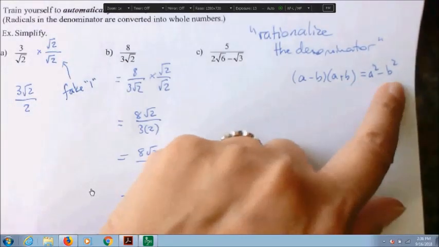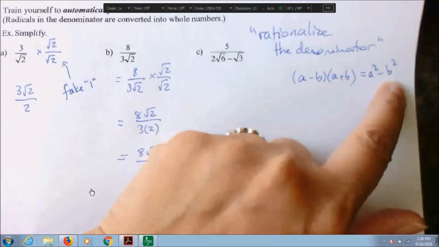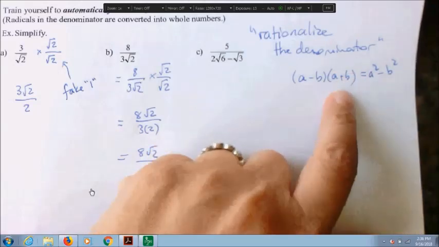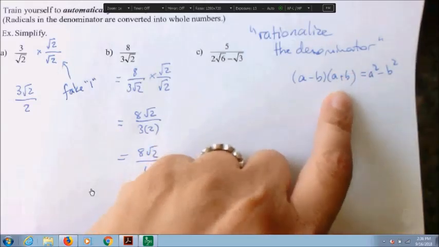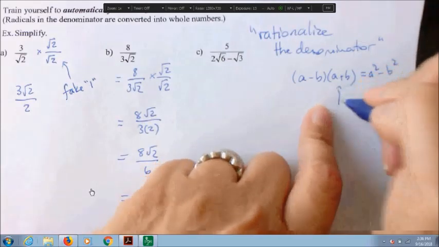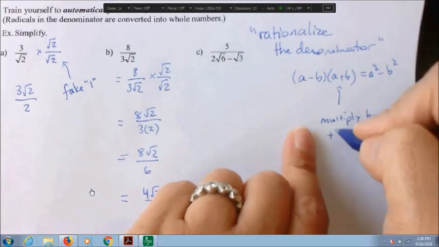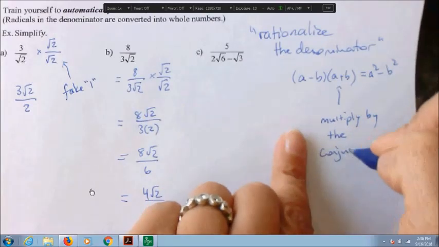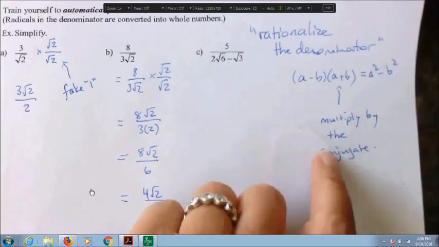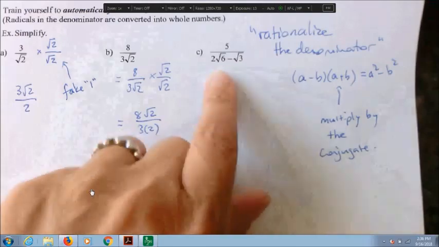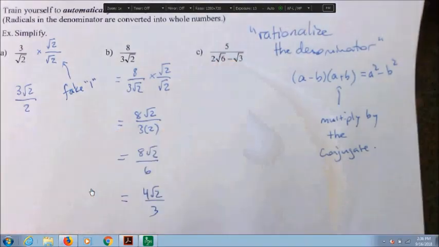That's not going to be a radical, and that's not going to be a radical because they're squared. So we're going to do a technique called multiplying by the conjugate. This is the conjugate. Multiply by the conjugate. The conjugate is the same as this binomial, but has a different sign.